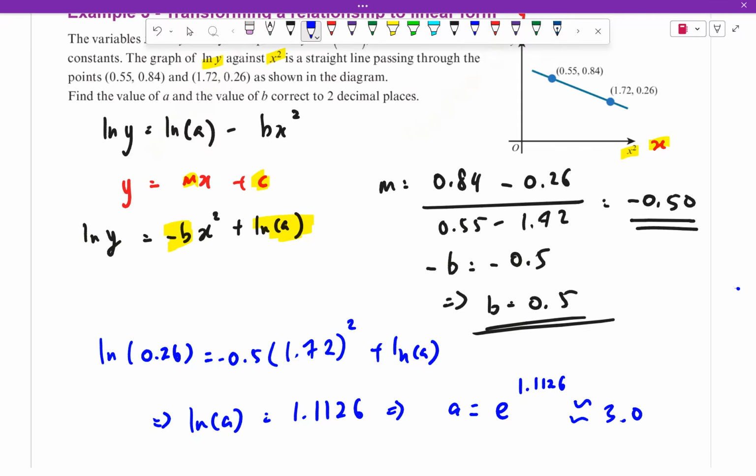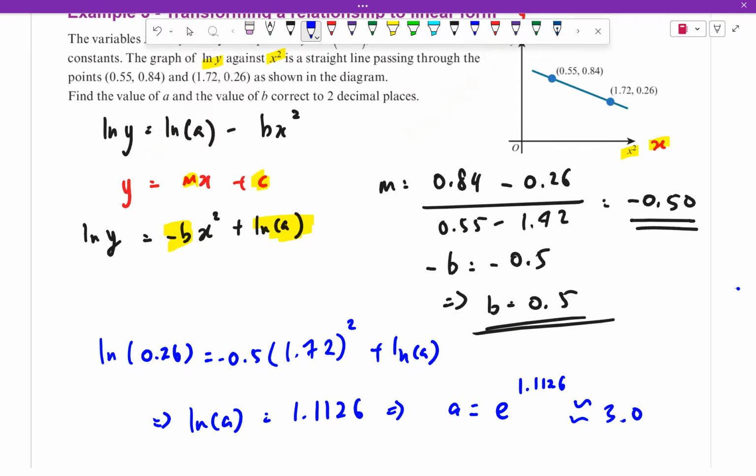Whatever I did just now, I cannot separate my ln on the right hand side. So this is a really classic mistake, okay?